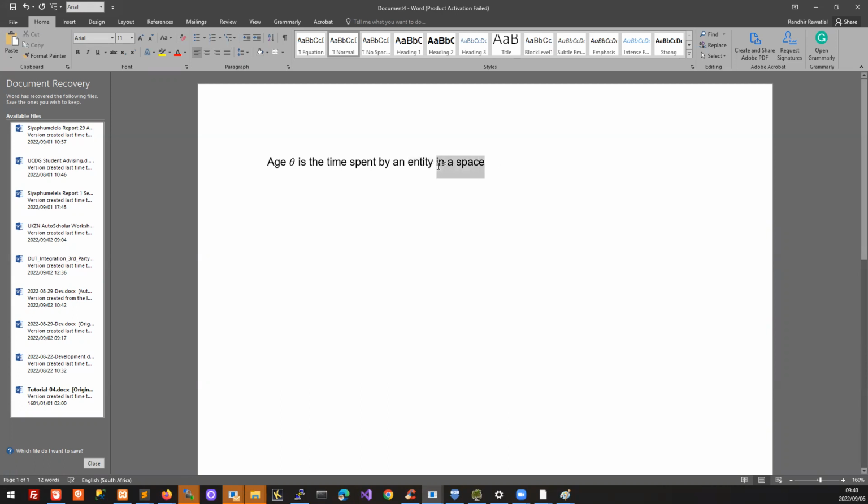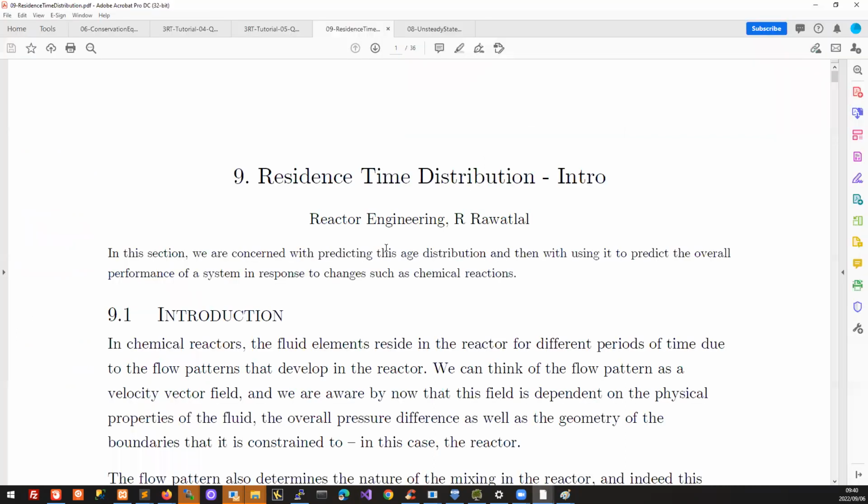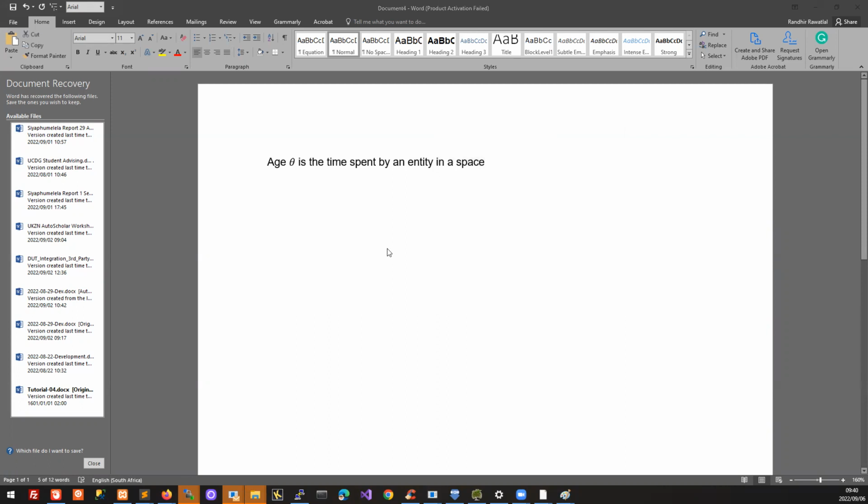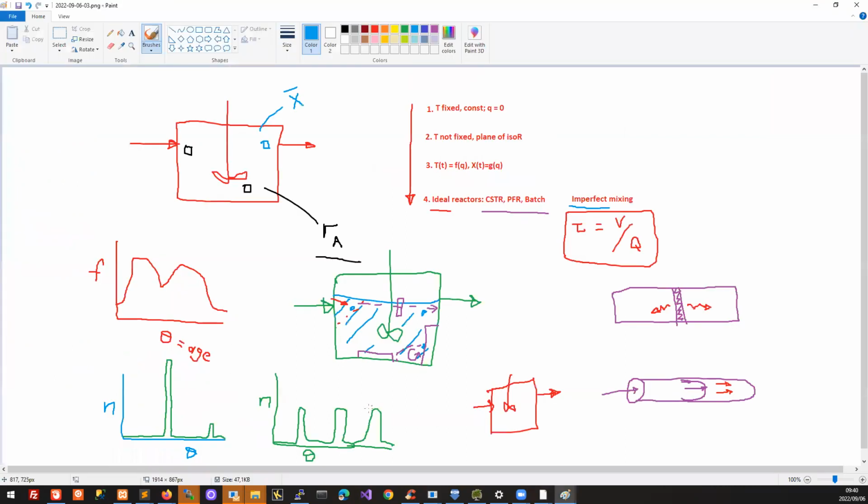We have to specify where we are talking about when we say it's the time spent by something. So, for example, let's take this classroom example. We were talking here about the number of people of certain ages. Now that age that we are defining there is the age of ourselves and how long we've been born here.